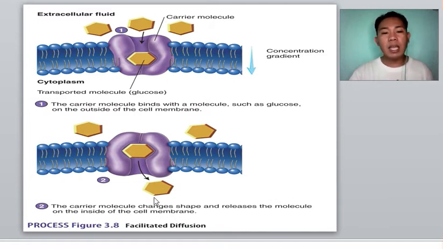These glucose molecules will later on be used up by our cells for the production of energy in the form of adenosine triphosphate.